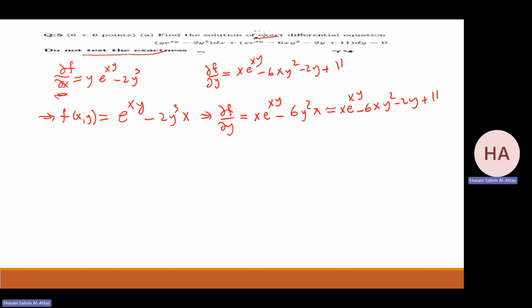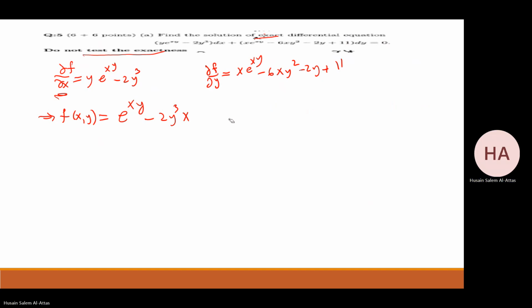No, wait a minute. I forget something which is very important. Here I have a function of y, since the constant of integration will be a function of y. So partial f with partial y, let me do it in steps.